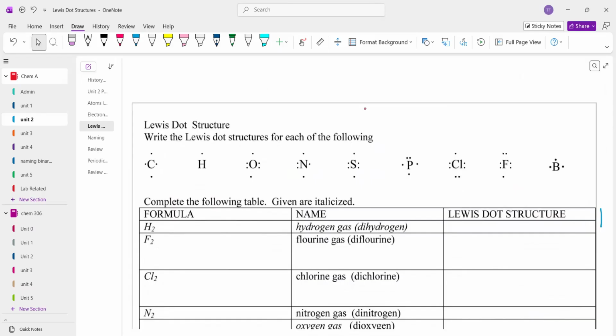So what I have here are the valence electrons for the simple top area of the periodic table. Notice carbon on the left has 4 valence electrons. Sulfur has 6, but notice the way they're laid out. Some are singletons and some are pairs.